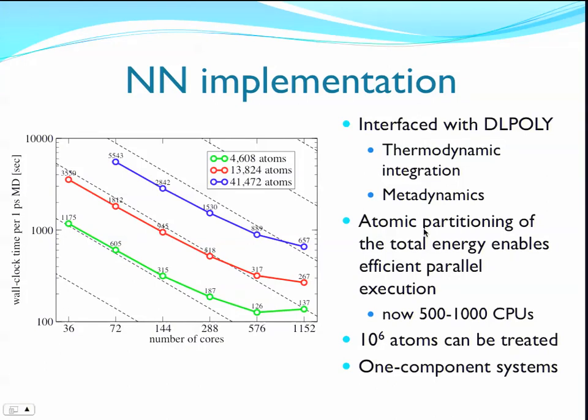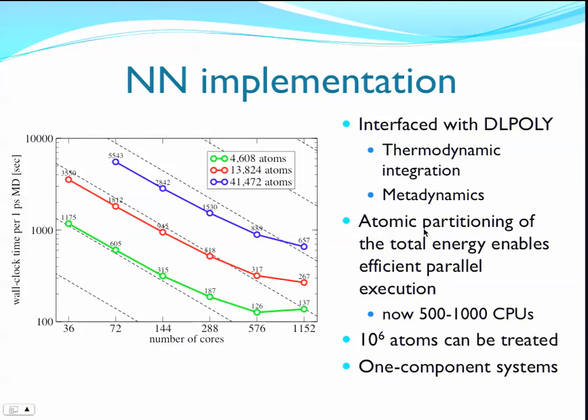However, beyond the region of 1,000 CPUs, we do not scale very well, but essentially it's not the problem of our neural network module. It's the problem of the DL-Poly code itself. It simply is not designed to scale to so many CPUs, and we are currently working to increase parallel efficiency. We're making some progress and hope that eventually we will not be limited by 1,000 CPUs, but can go to many thousands of them.